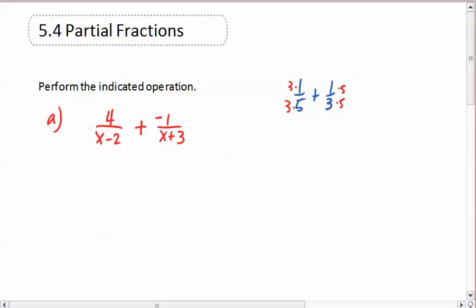I'm going to make sure that both of these have the same factors on the bottom, right? Kind of like the 3 and the 5, they both had to have a 3 and 5 present because there was a 3 and 1 and a 5 on the other.